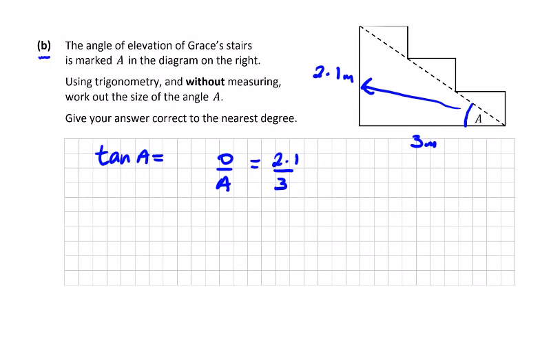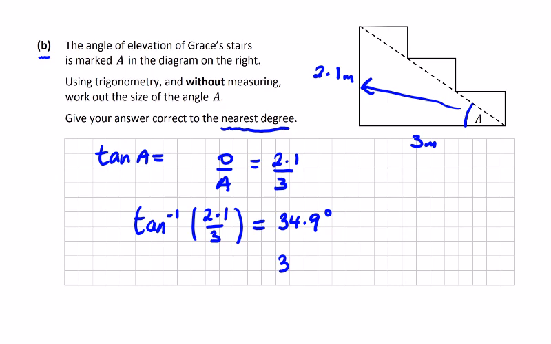So we want the inverse tan of 2.1 over 3 to get the angle. Write out what you're doing, show the examiner. The inverse tan of 2.1 over 3 gives me 34.9 degrees. Nearest degree, let's look back up, 35 degrees for the angle of elevation.